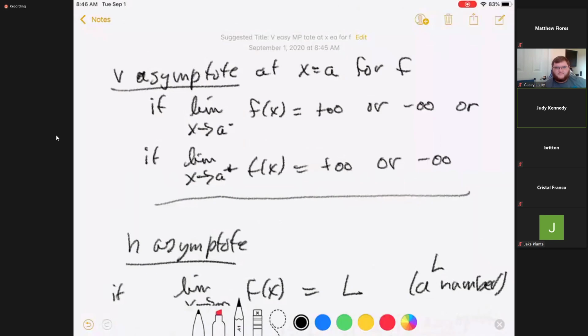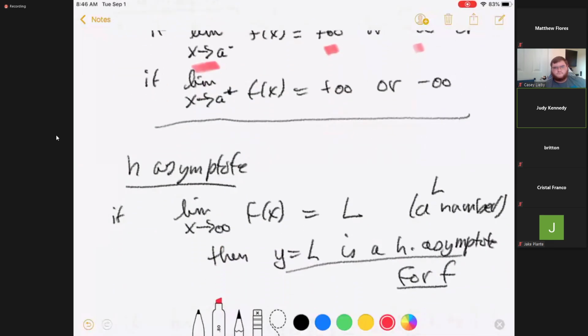But for vertical asymptotes, you're looking for a number where the limit kind of goes off the rails. So you get close to a from one side or the other, and the f of x's get real big. For a horizontal asymptote, you're looking at just two things.